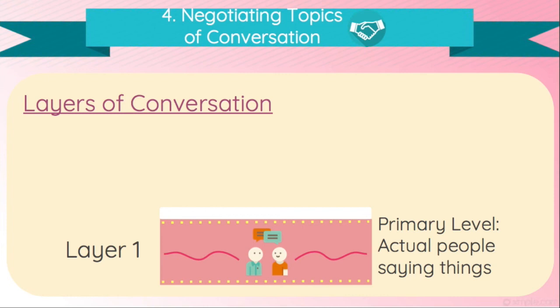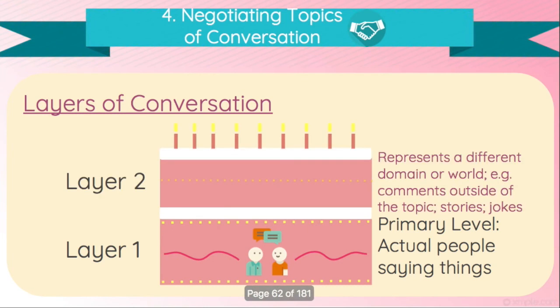It refers to the non-fictional world, the real world involving the speaker and the listener, and vice versa in a conversation. Layer 2 involves or represents a different domain or world, which is usually tapped in storytelling. So it usually involves this fictional world.